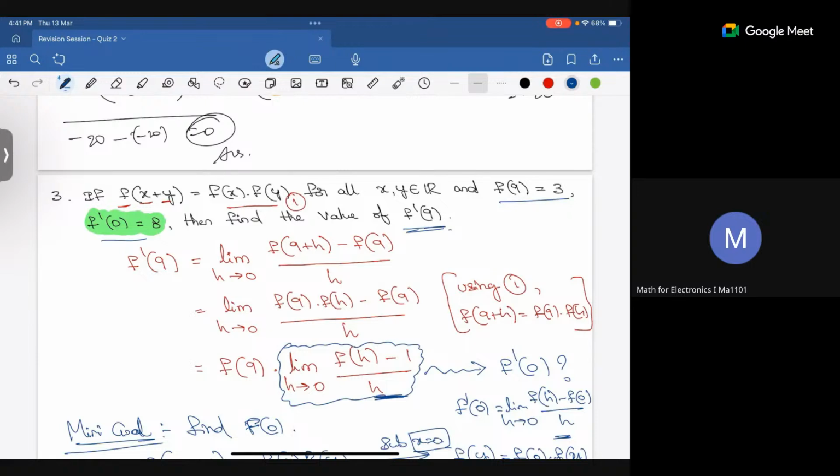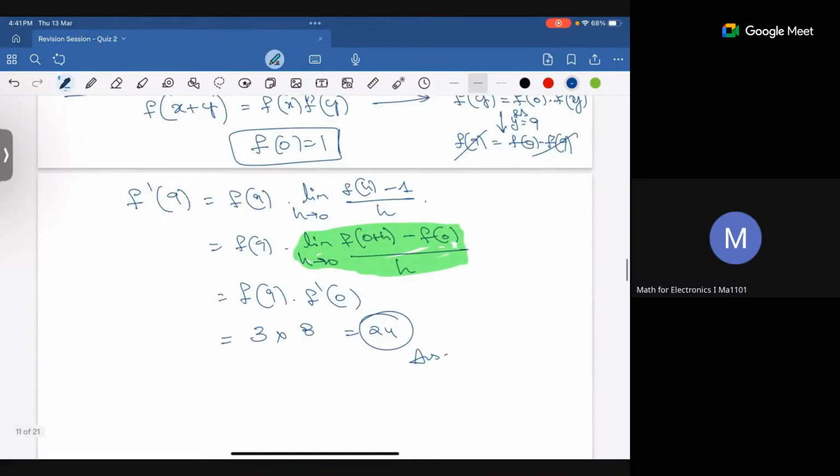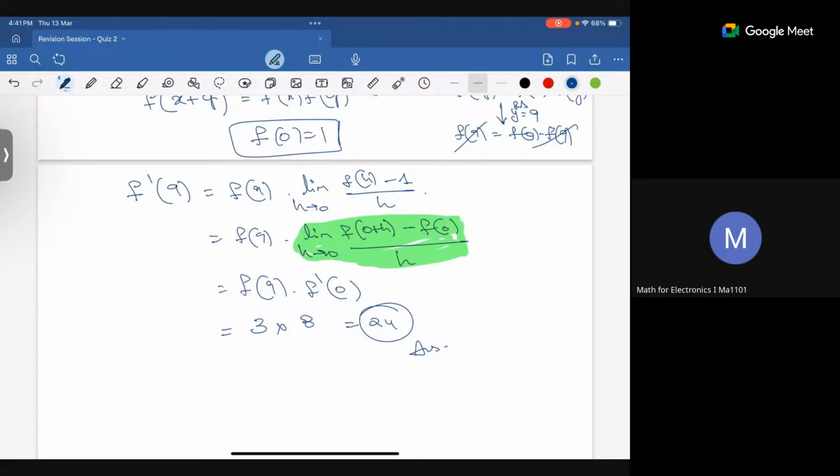So for every problem you have to go towards the solution. Our ultimate goal is to find f prime of 9 using these three conditions given to us. You have to use them somehow and get to the solution, and this is how I have used them. Having said all of this, there are many different ways you could have solved this.